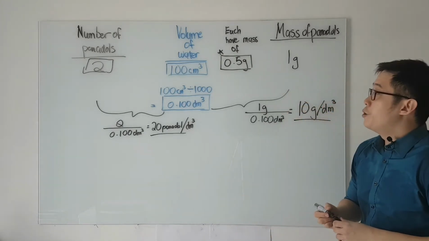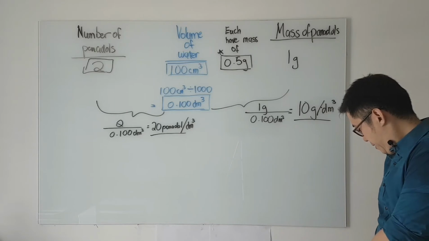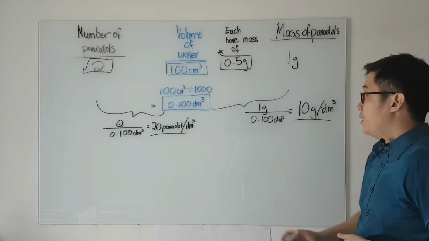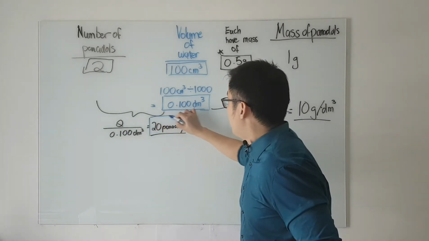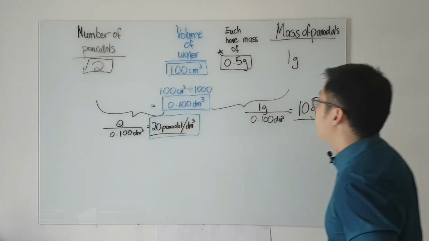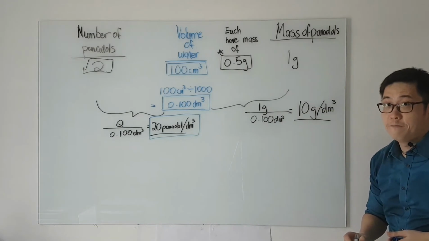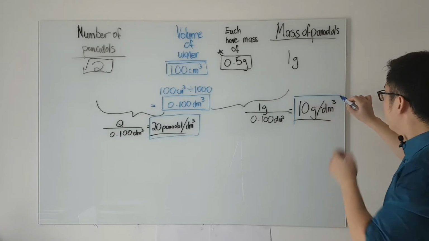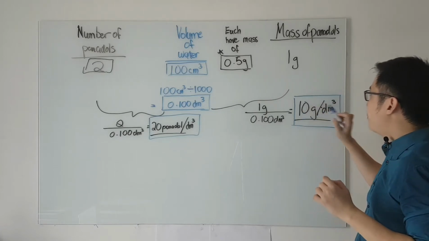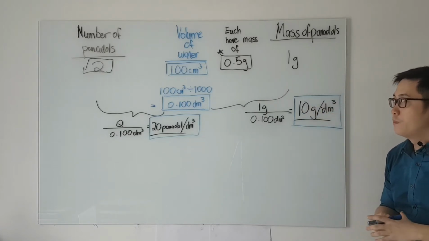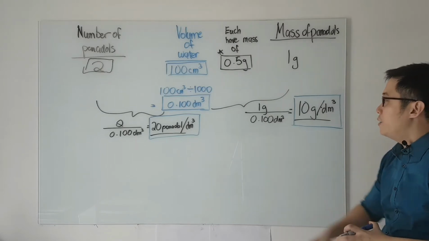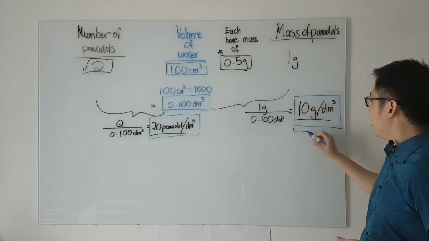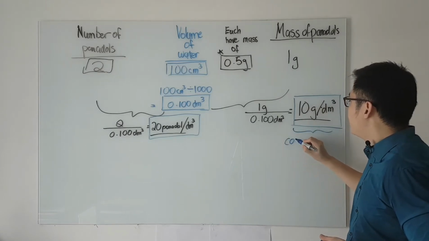Now, students, you realize in this case there is a pattern over here. I have 20 Panadols per dm cube, and I have 10 grams per dm cube. This term here is what we call concentration.